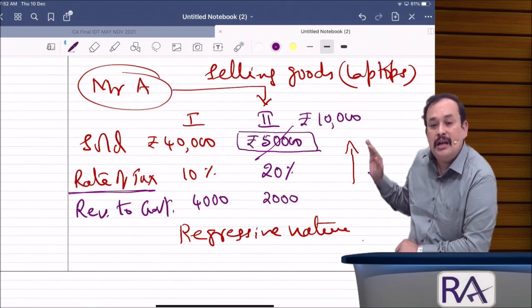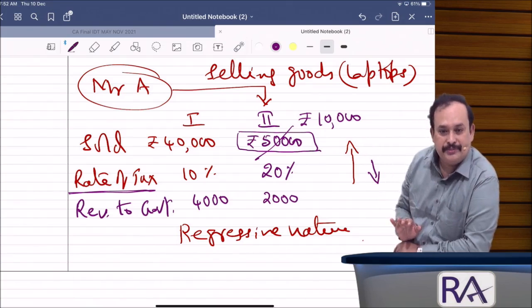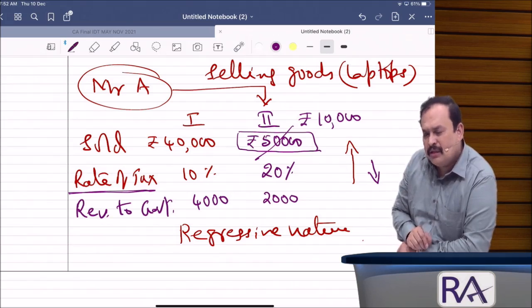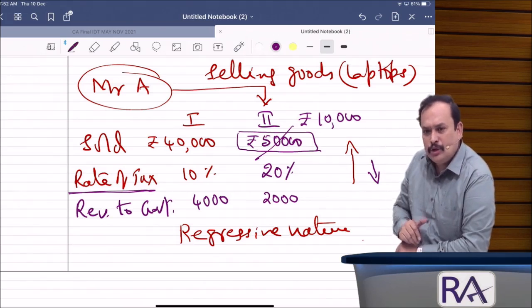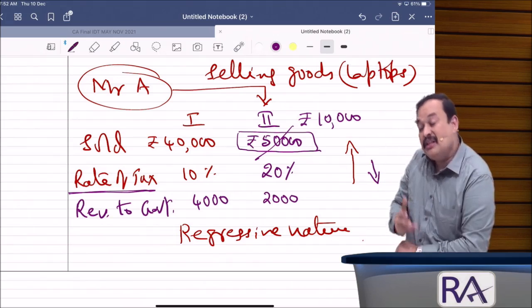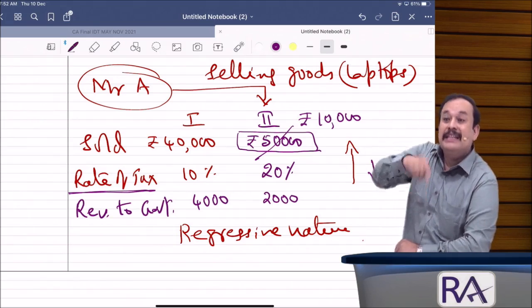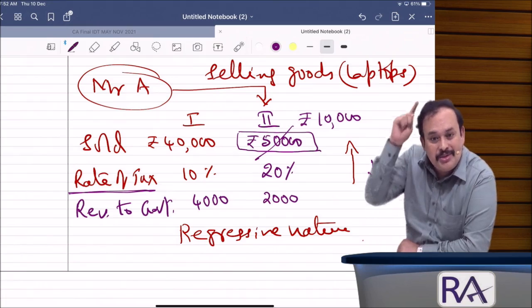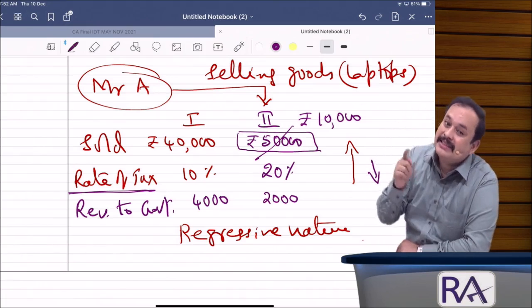It is a general approach in the industry. One cannot deny it. Somebody will argue, sir, though the price increases, demand may also increase. That is exceptional.